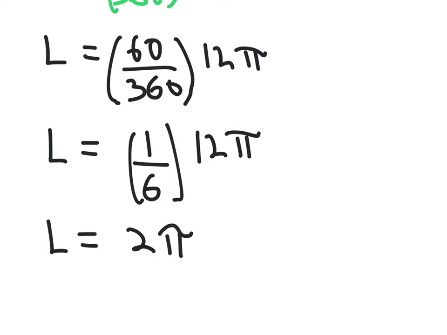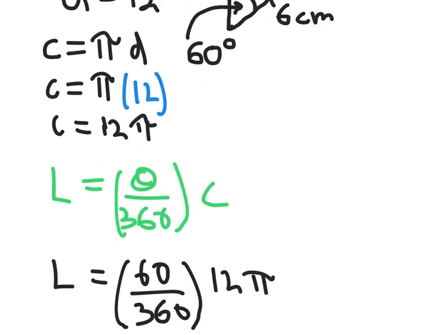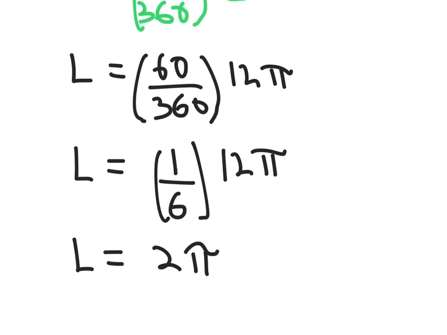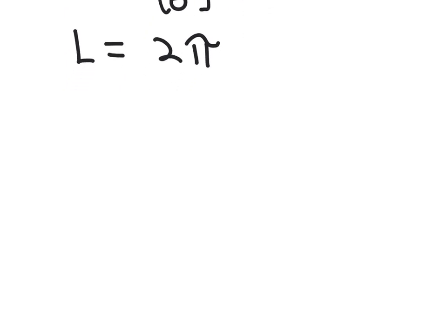Now all we have to do to find the perimeter, and let's have another look at our diagram to figure that out, is figure out the total distance. So that would be the arc length there, that distance here, and we've then got to add on the two straight distances. Now they're just both equal to 6, so all we have to do to find our perimeter is add 6 to our arc length twice.